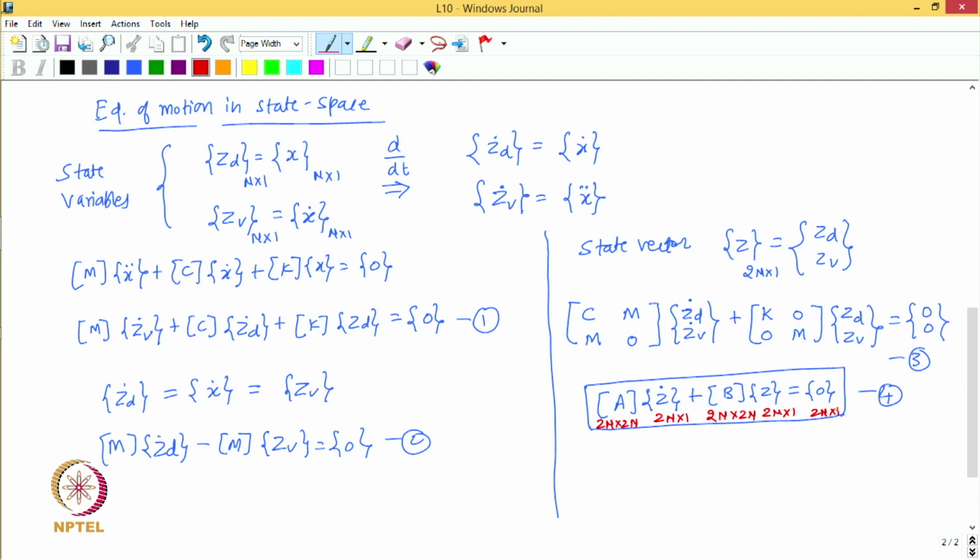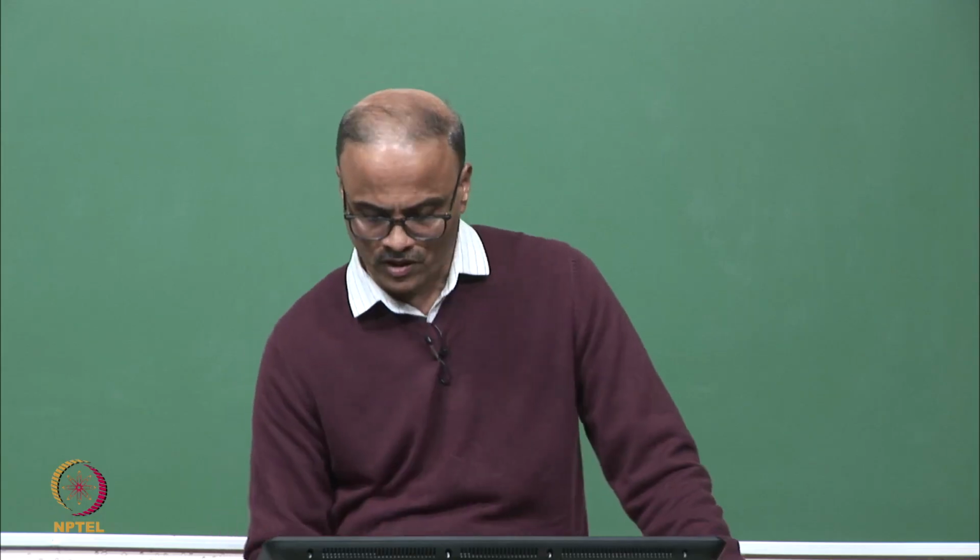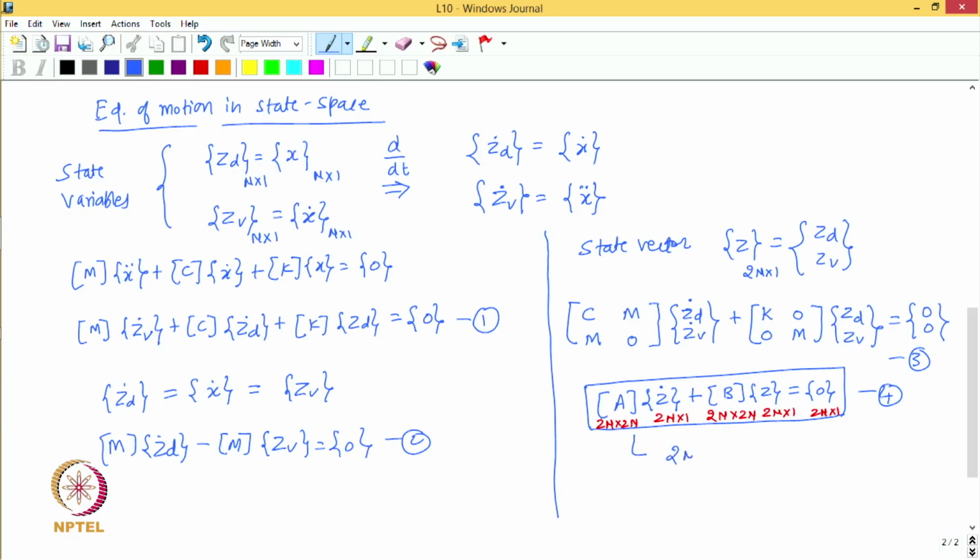So, effectively this equation number 4 is a set of simultaneous first order differential equations, and there are such 2n number of equations. So, this is 2n number of first order differential equations, correct.